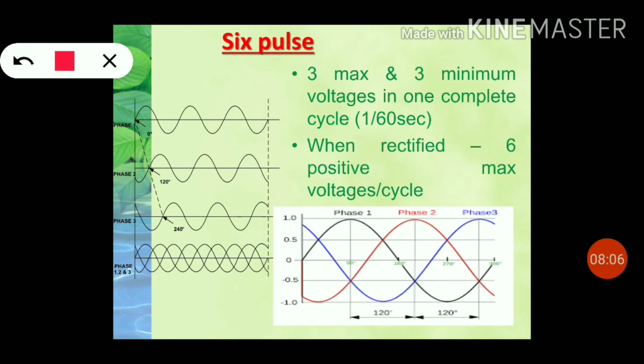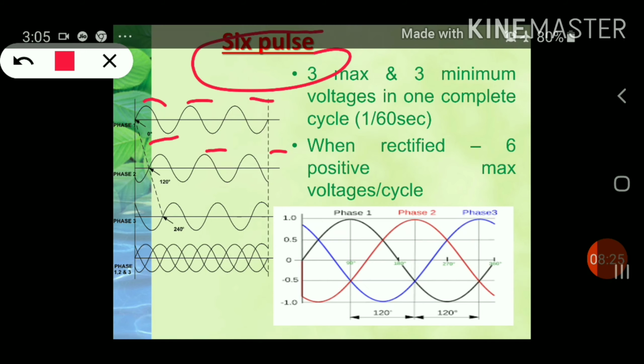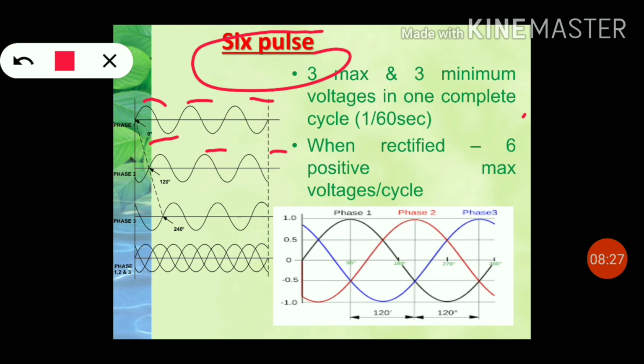There are 3 maximum and 3 minimum voltages in one complete cycle. When rectified, there will be 6 positive maximum voltages per cycle. That's why the term 6 pulse is used.